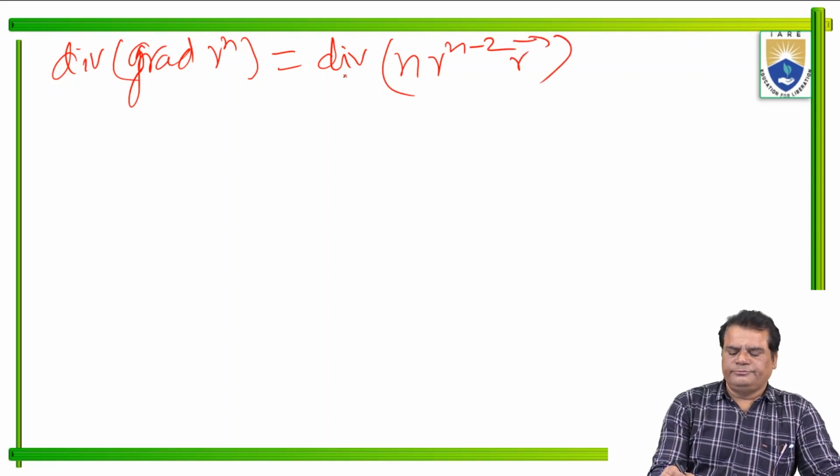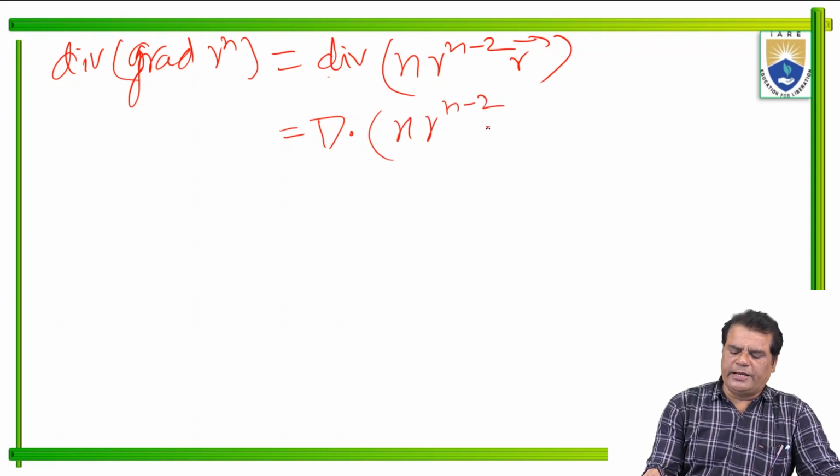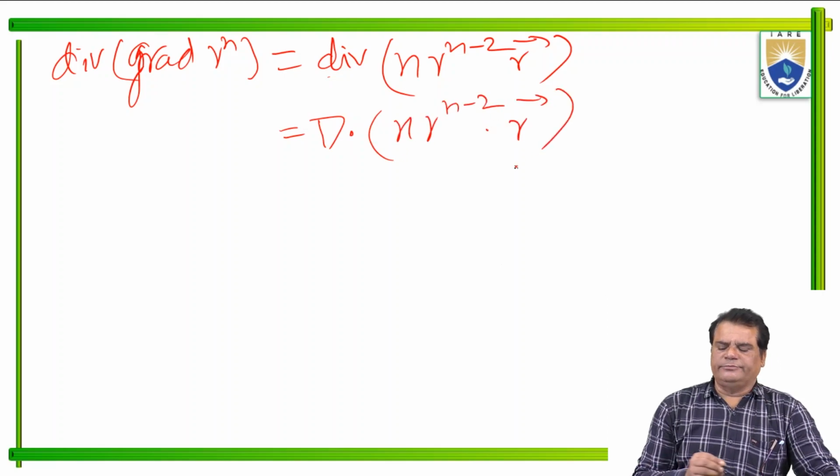So now for the divergence of this function we write del dot n r to the power n minus 2 into r.